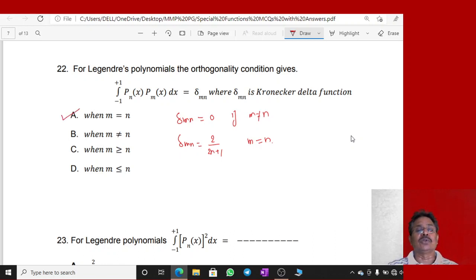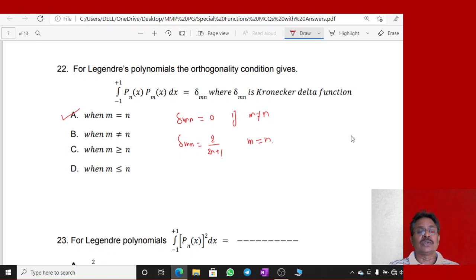Legendre's polynomial orthogonality condition. When m and n are equal, we get the Kronecker delta function, and finally this Kronecker delta function gets its value when this integral is solved. We get delta mn equal to 2 upon 2n plus 1 if m and n are equal.